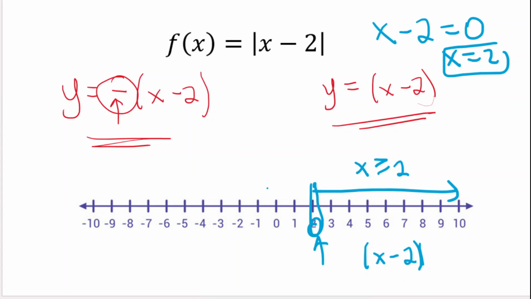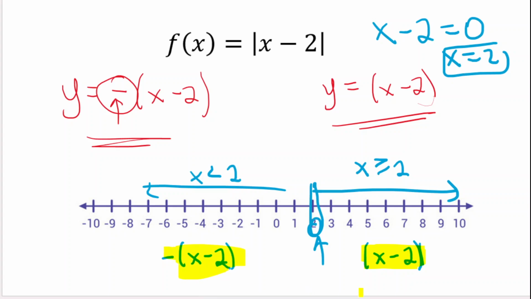For the rest of the number line, numbers that are less than 2, we need to follow the rule that says, sure, calculate x minus 2, but whatever you get, multiply by -1, because multiplying by a negative changes the polarity, which is what we want to do. So that gives us both the different function rules. One rule is just ignore the absolute value bracket signs. The other rule is do the calculation, but change the polarity of your answer. And it also gives us the different domains.